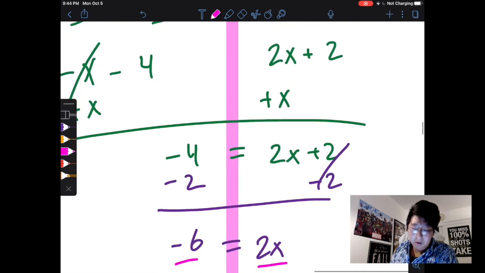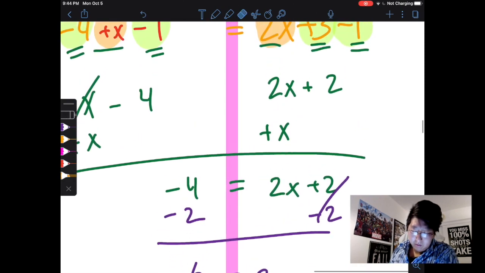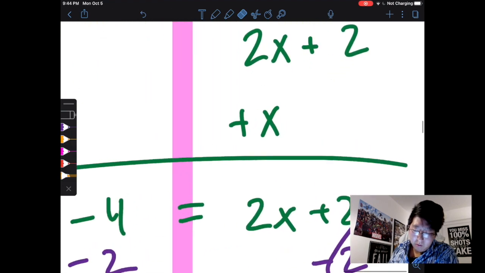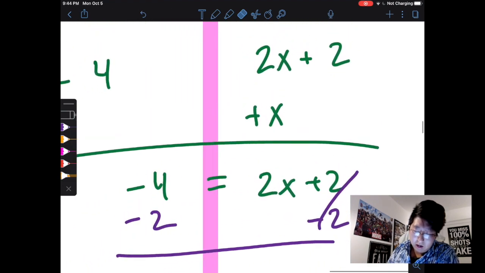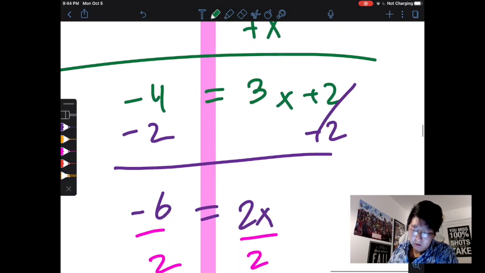Oh, I made a mistake. Right here, when we added x's, I did not actually add. What is this? 2x plus 1x. Yeah, it's not 2x. What's 2x plus 1x? That should say 3x. Right, so that also messes this up. Down here, it should say 2x.